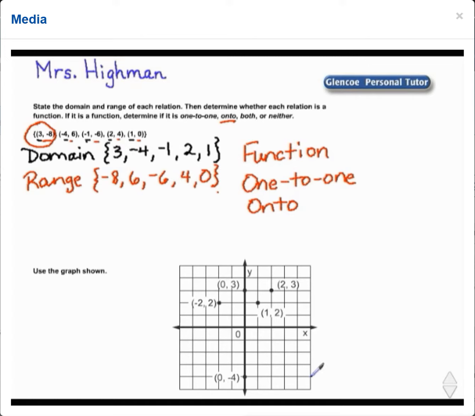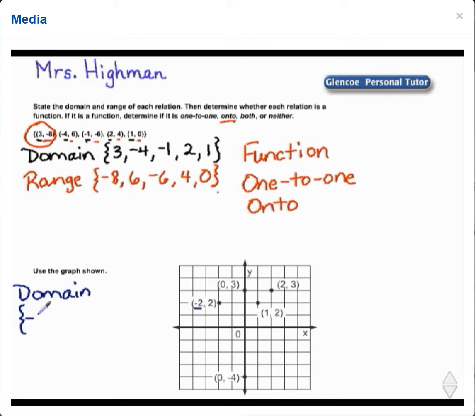The next relation is given to us, again, a set of points, but they're all graphed and they're labeled as well. So to start with our domain and range, to list those, our domain values again are the x's, and so we'll take those x values right from the points.